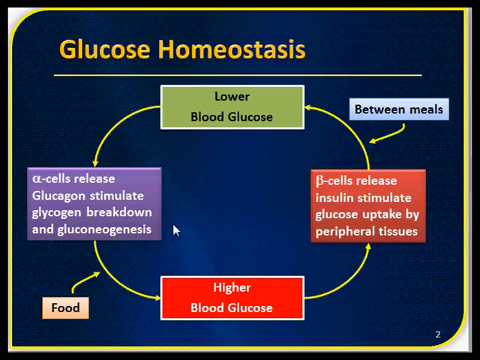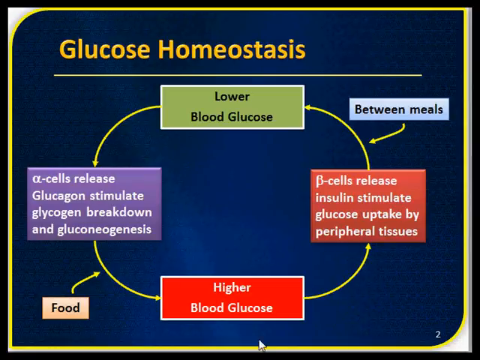With the breakdown of glycogen, new glucose is available into the system and new glucose is manufactured from the precursors by gluconeogenesis. Both these will increase the blood sugar. Of course, when the blood sugar is low, there will also be stimulation of hunger, and we would take some food which contains carbohydrate, which will be converted into glucose, so much so the blood sugar is brought to a higher level or normal level.